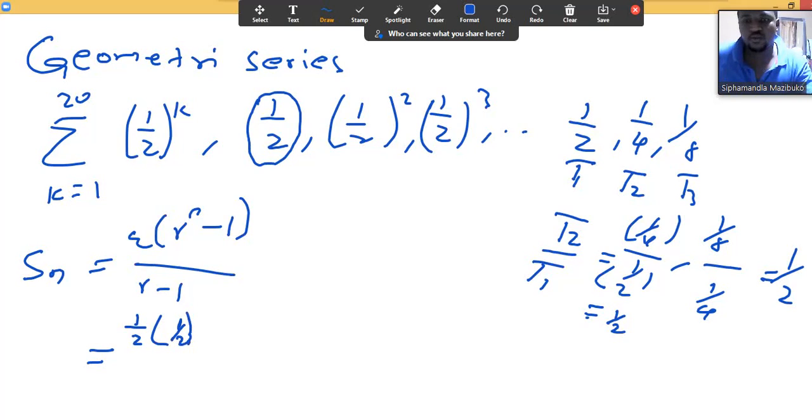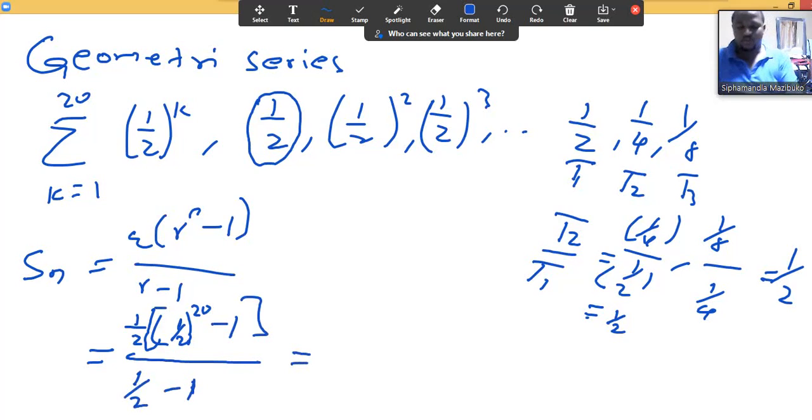So we have 1 over 2 times 1 over 2 to the power 20 minus 1, all over 1 over 2 minus 1. You just put this in the calculator. The answer will be 0.99999.